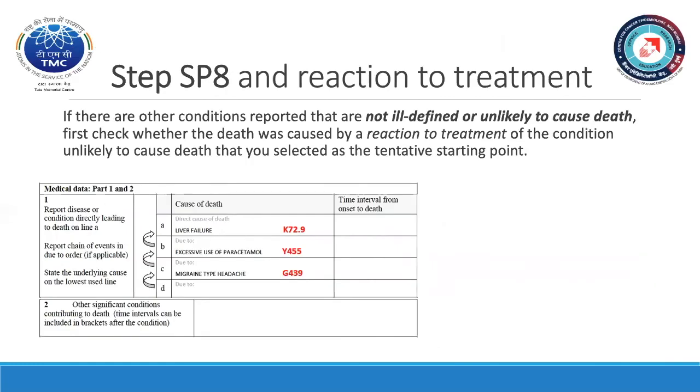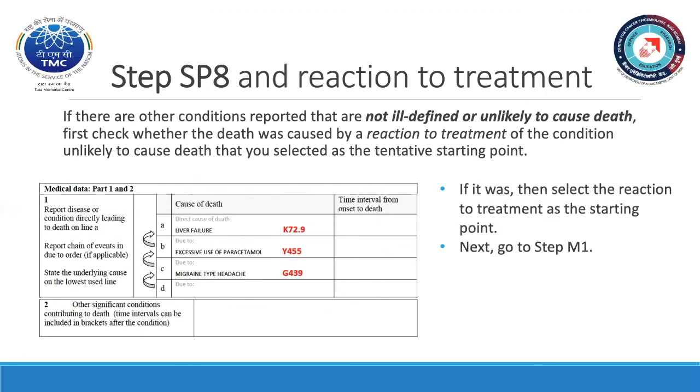If there are other conditions reported that are not ill-defined or are unlikely to cause death, first check whether the death was caused by a reaction to treatment of the condition unlikely to cause death that you selected as the tentative starting point. If it was, then select the reaction to treatment as the starting point. Next, go to step M1.